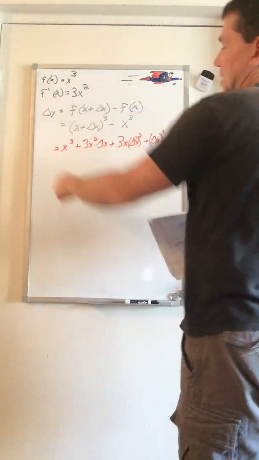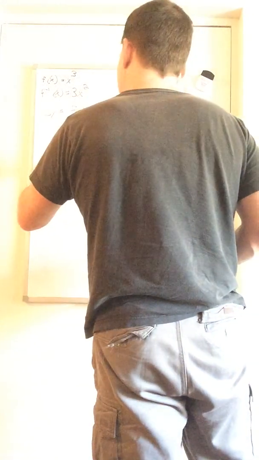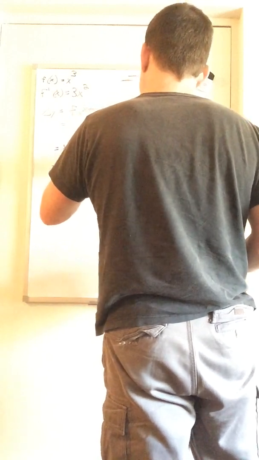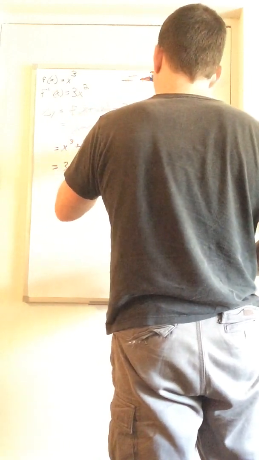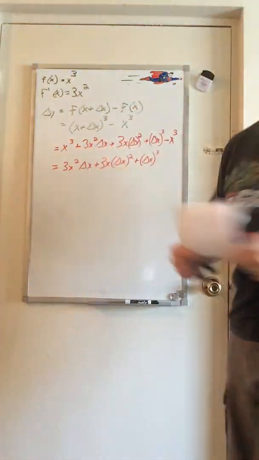So this is the actual expansion of the cubic if you expand it out. If I then simplify, the x cubes cancel, and I get 3x squared delta x plus 3x delta x squared plus delta x cubed.